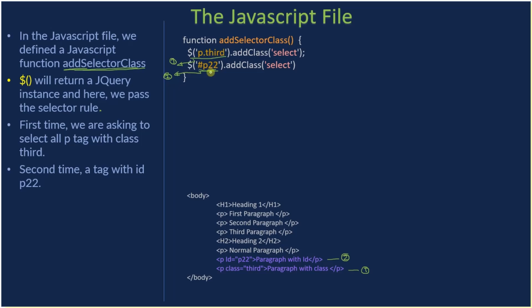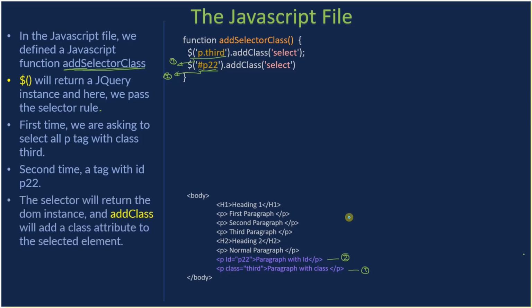Right? $p.thread and $p22. So up to this point we will be selecting two elements, two paragraph elements. The selector will return the DOM instance, and addClass will add a class attribute to the selected element. So far we explored $p.thread only.